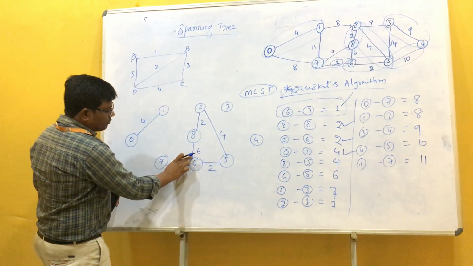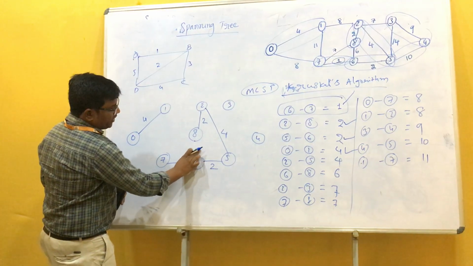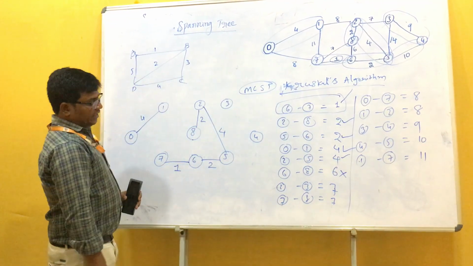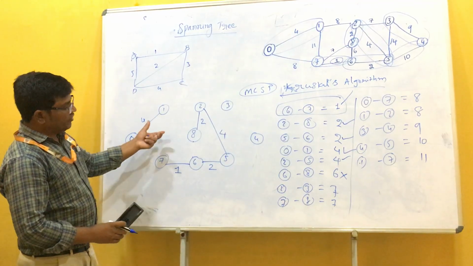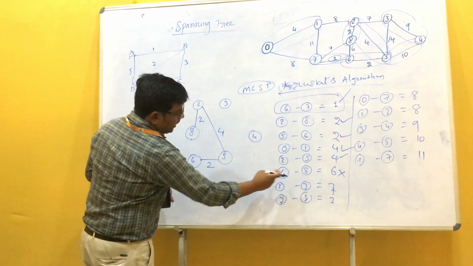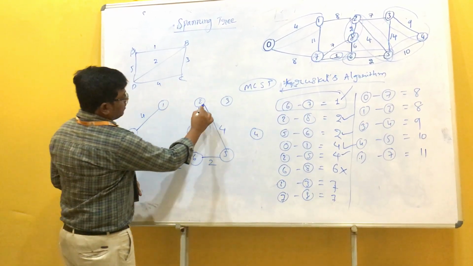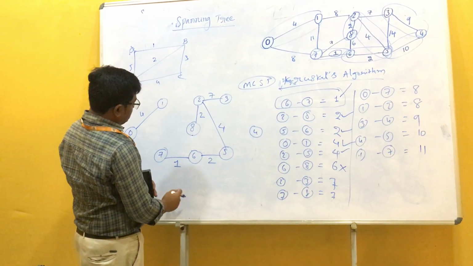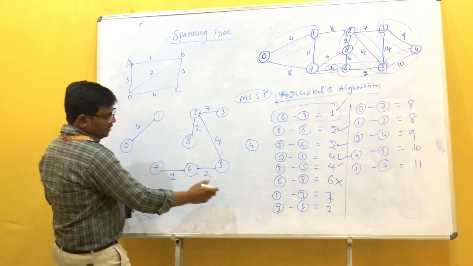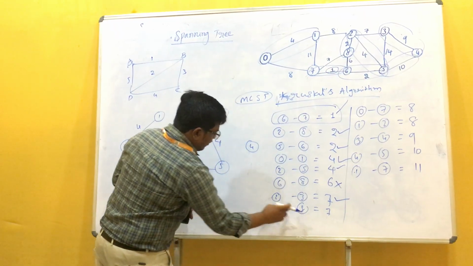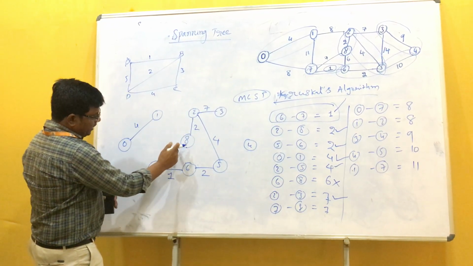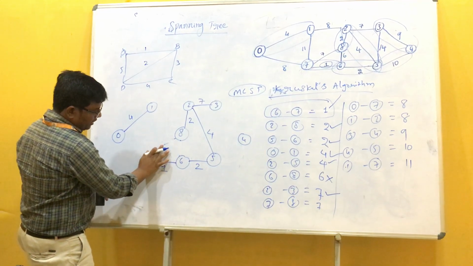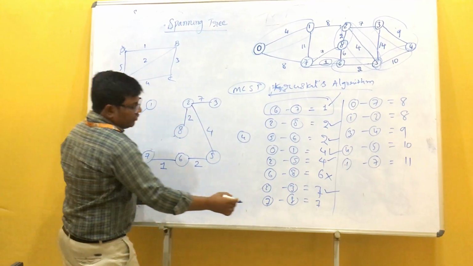Go through the next edge weight, and only without formation of loops are we taking it. Next 2 to 3. The cost is 7. Next 7 to 8. Let us suppose we take this edge 7 to 8, the cost is 7. But whenever we take that edge it forms a loop. So that's why we are avoiding that edge.